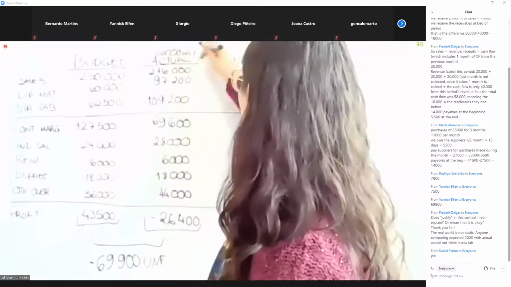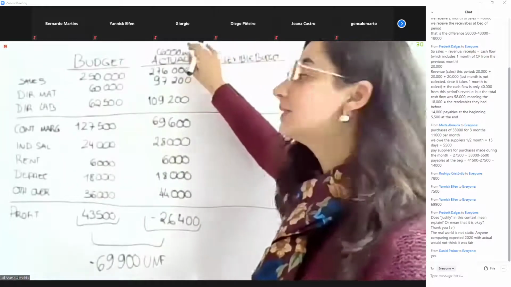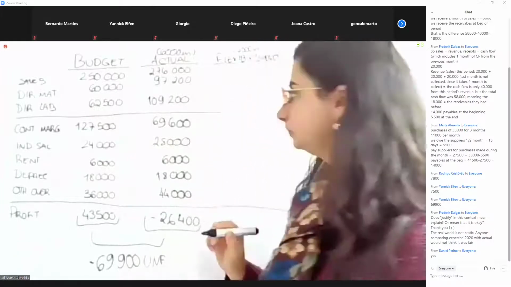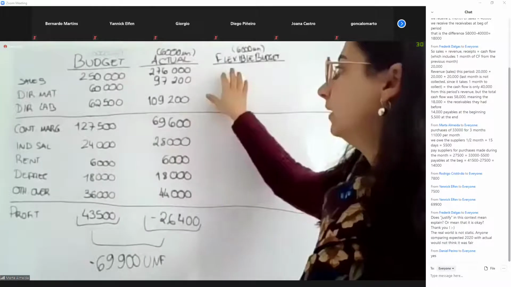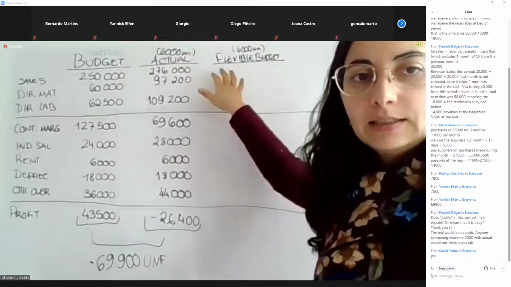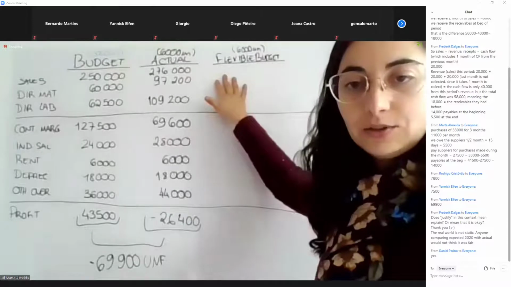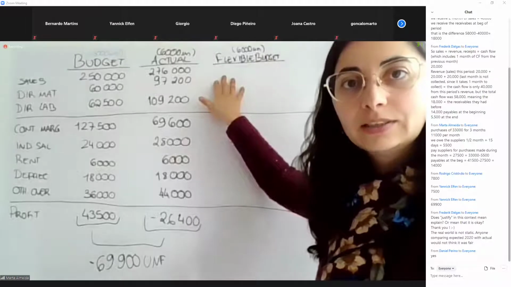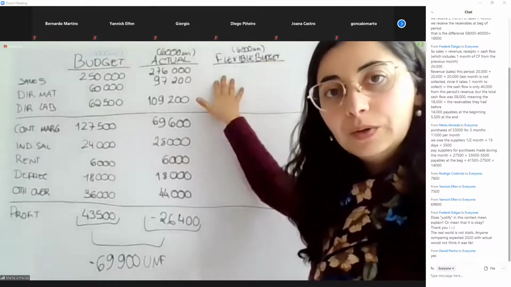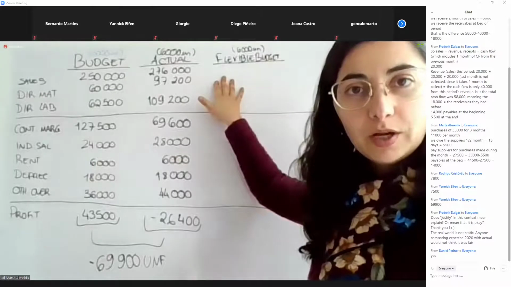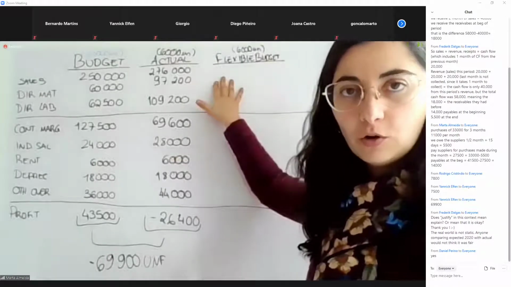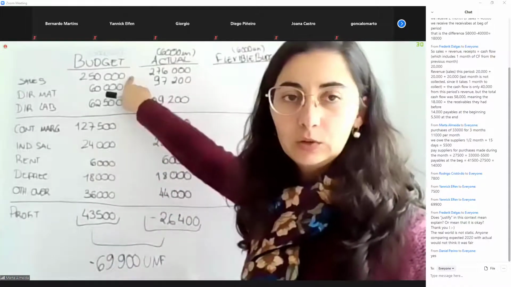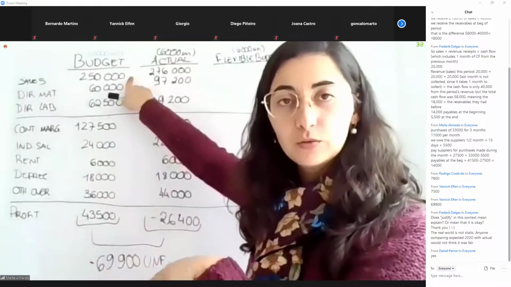The flexible budget we do for the actual level of activity, which is 6,000 units. So the sales revenues will be for 6,000 units, and as we assume the same standard price, it is 6,000 times 50 pounds per unit. When we did the budget, we expected to sell 5,000 units times 50 pounds per unit.